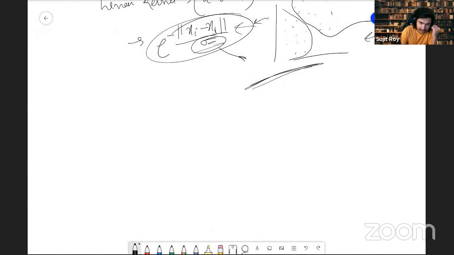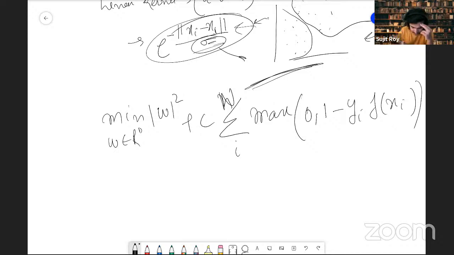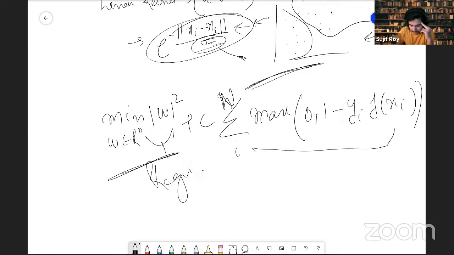You can always write it as the minimum over w belonging to the reals of w squared plus a cost term, the sum for i running from 1 to n of max of 0, 1 minus yi times f of x. So this becomes your regularization term, and this becomes your loss function.